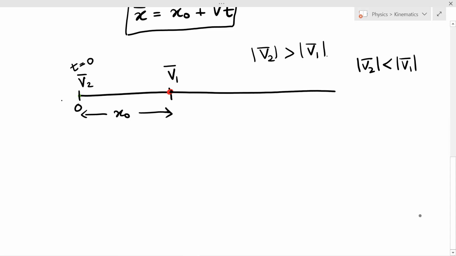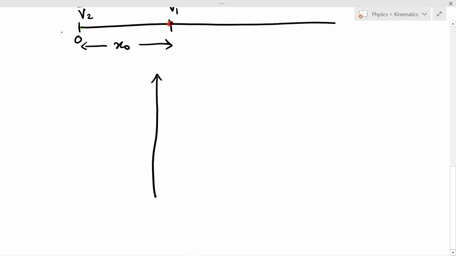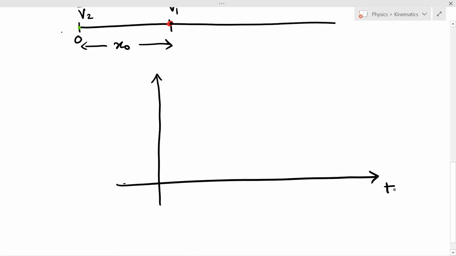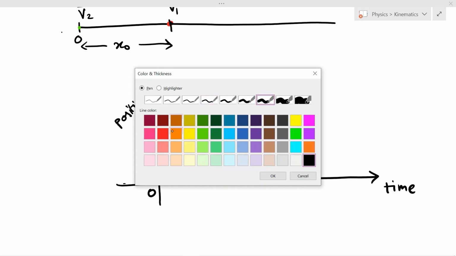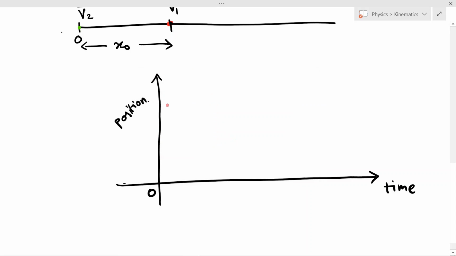Now let me represent these scenarios graphically. Suppose I have this position and time graph like this. This is the origin here, and when the observer starts his clock at t equal to 0, the red object was at a distance x0 and it moved with the velocity v1. Let's say it moved like this. The position time graph, we know, is a linear straight line for the uniform motion.